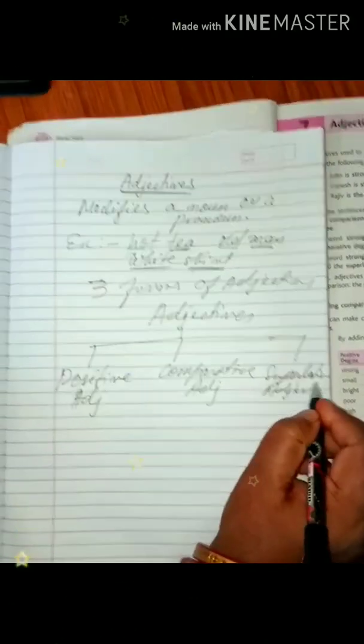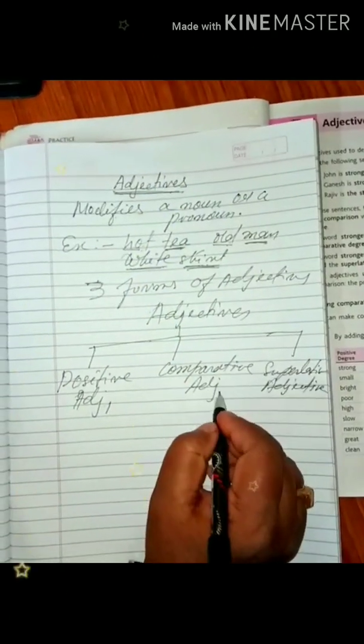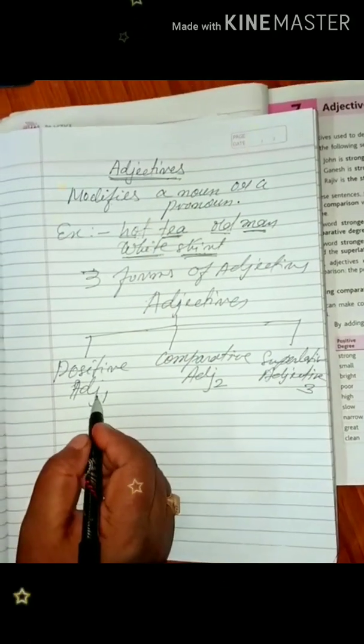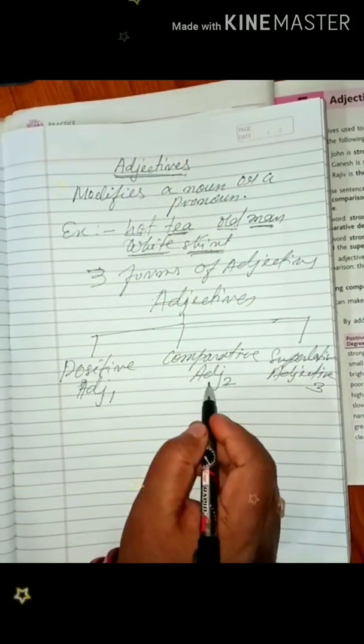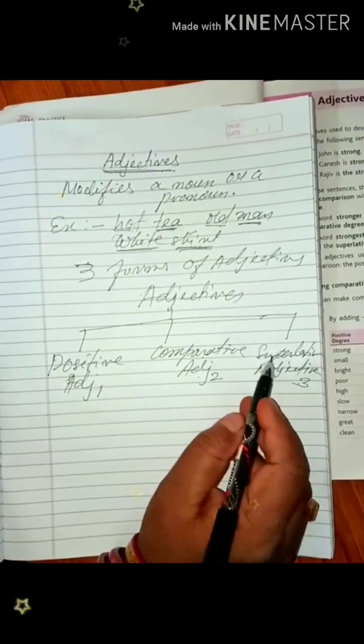So these are the 3 forms of adjective. We can say adjective number 1, adjective number 2, and adjective number 3. Adjective number 1 is the positive degree, adjective number 2 is the comparative degree, and adjective number 3 is the superlative degree.